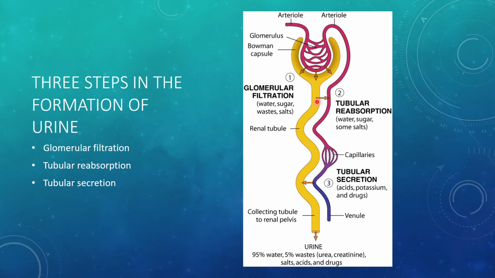Stage 2 is coming from the tubule back into the bloodstream, resupplying the bloodstream with the lost sugars and lost water that we otherwise would need, as well as salts. Step 3, tubular secretion, is putting things that were in excess back into the renal tubules. Things such as excess acids, potassiums, and drugs.